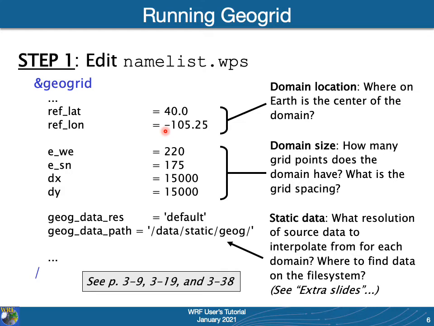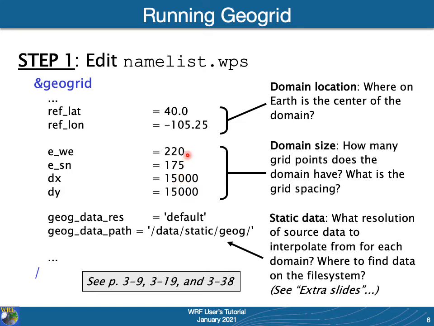Next, we need to specify the size and resolution of our model domain in terms of grid spacing and number of grid points. We can first specify the delta x and delta y values for our model domain as 15,000 meters or 15 kilometers. So the spacing from one grid cell center to the next, ignoring map scale factors, is going to be 15 kilometers.